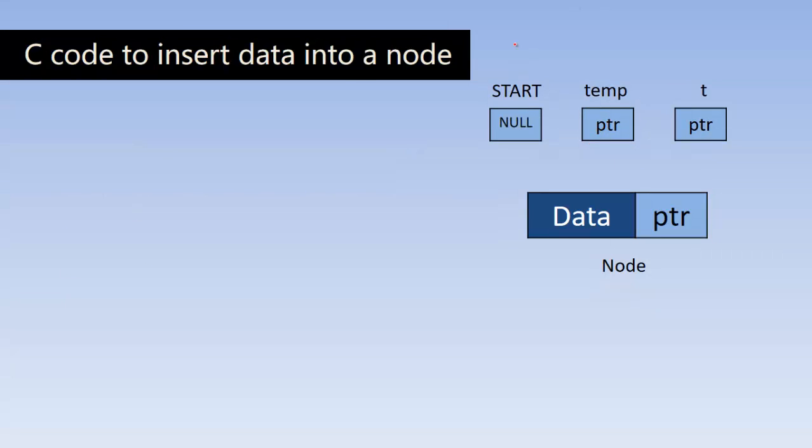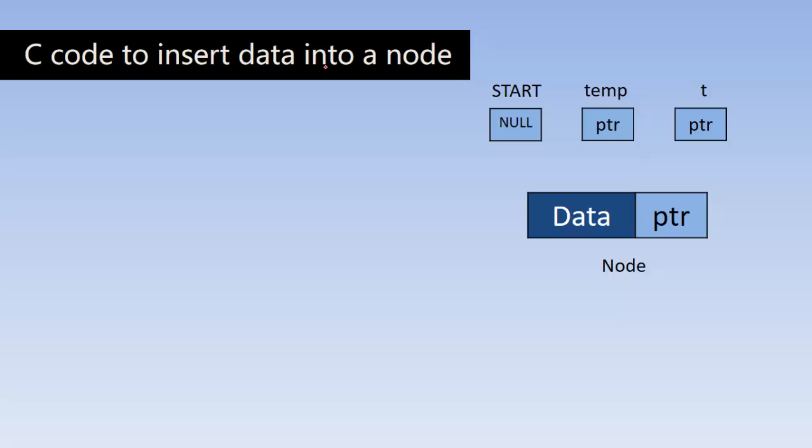Okay. So let us see the C code for insertion of data into the node. And there are two cases. The first case is insertion of data into the first node, I mean in the newly created node. And the second case is insertion of data at the end of the list, I mean into the last node of the list.